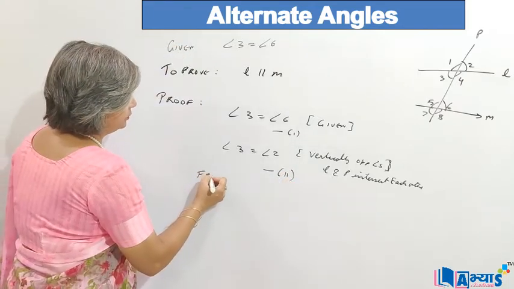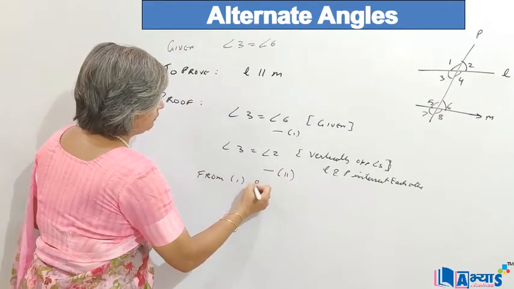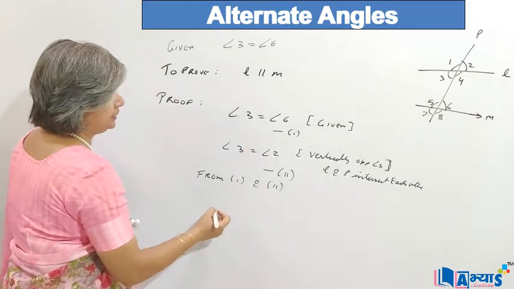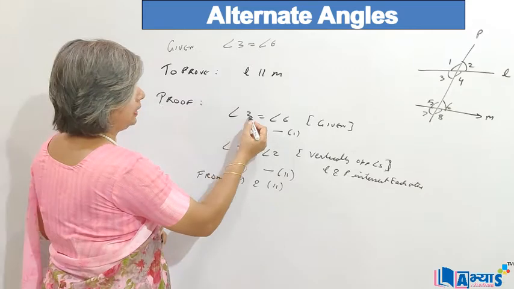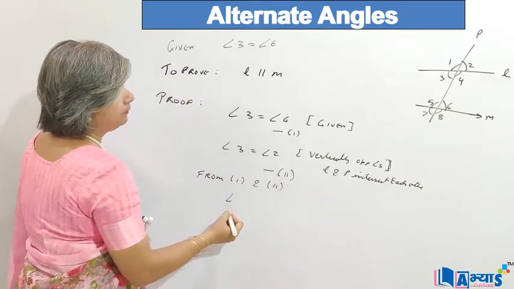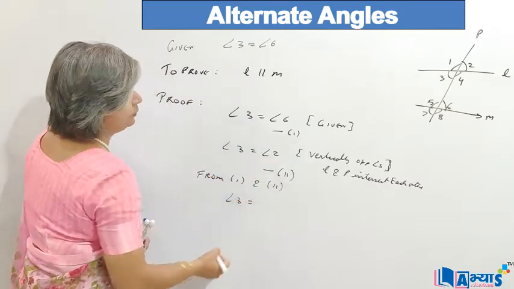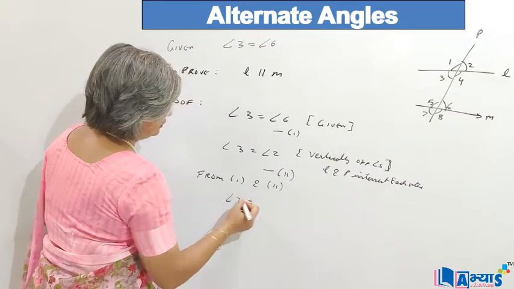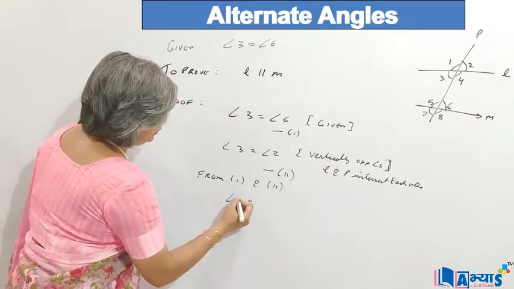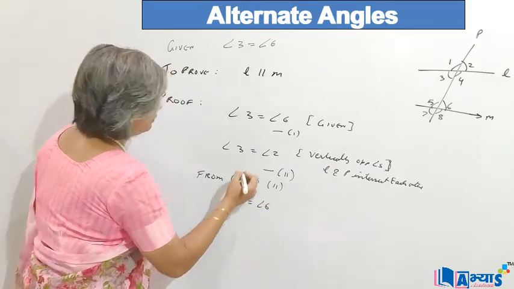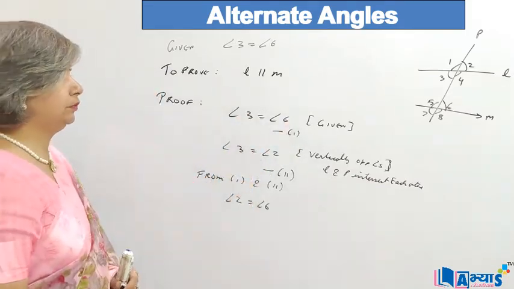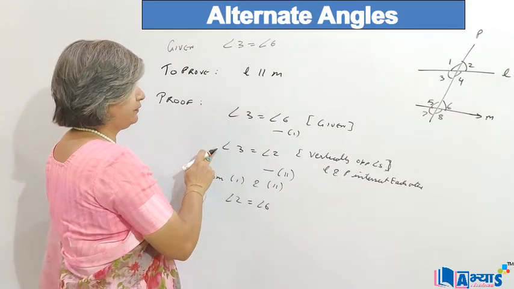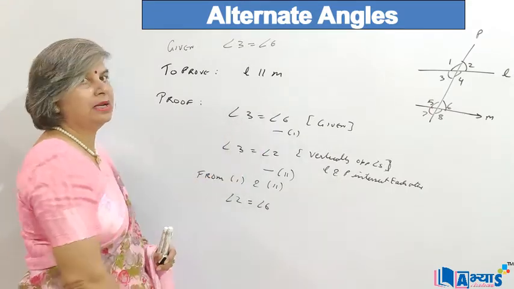From equation 1 and equation 2, I can state that angle 2 is equal to angle 6, because angle 3 is equal to angle 6 and angle 3 is equal to angle 2, as the left hand side is equal, so the right hand side has to be equal.